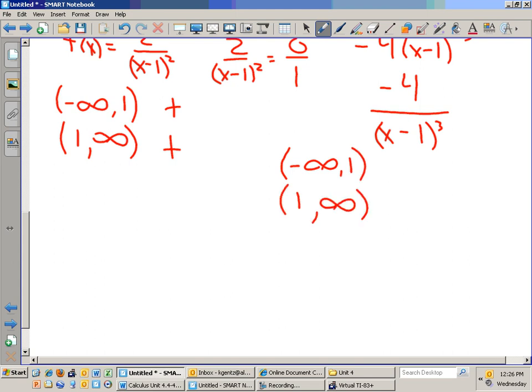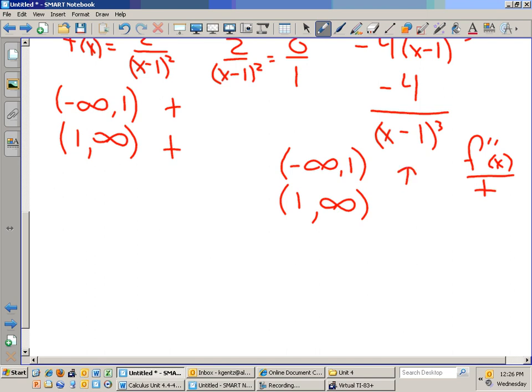Okay? And so I need to check those with my second derivative and find the value of f double prime of x. So if I plug in a number, let's plug in 0. 0 minus 1 is negative 1, to the third is negative 1, and negative 4 divided by negative 1 is positive. So it looks like it's concave up here.